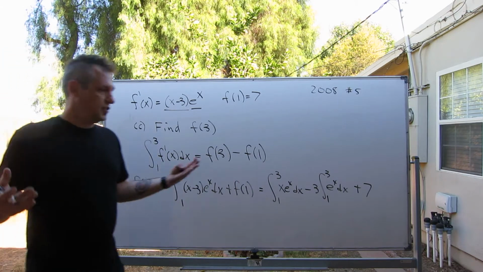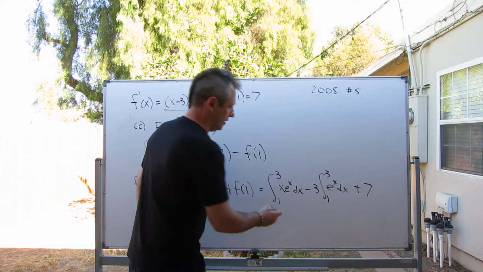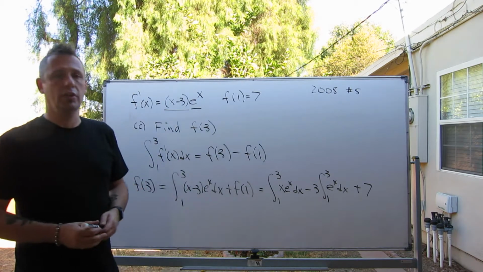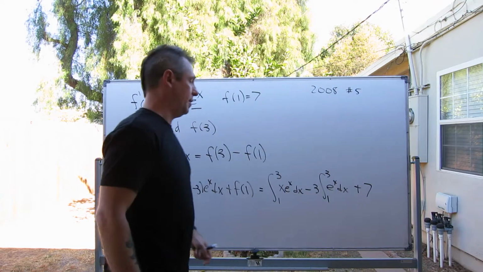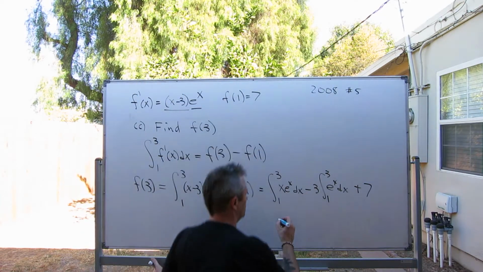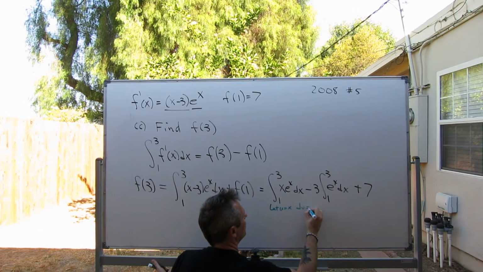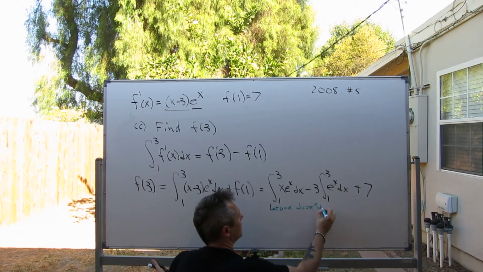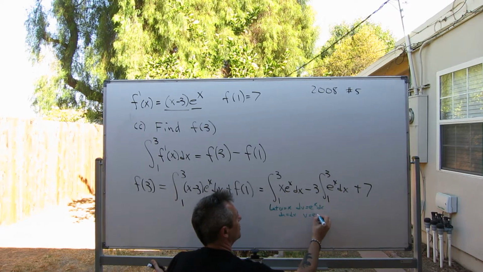Now, this is just an example of some advanced integration techniques. At this point, you hopefully recognize that what was required to do this integral is an integration by parts. This is a fairly standard integration by parts problem. So what I'm going to do is let u equal x, dv equal e to the x dx, then du equals dx, but v equals e to the x.